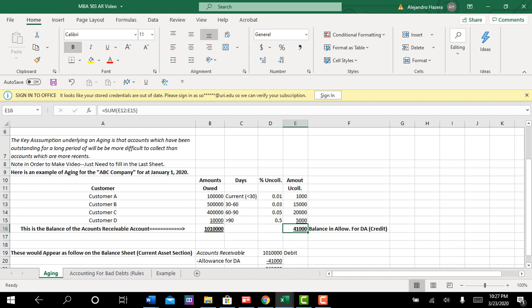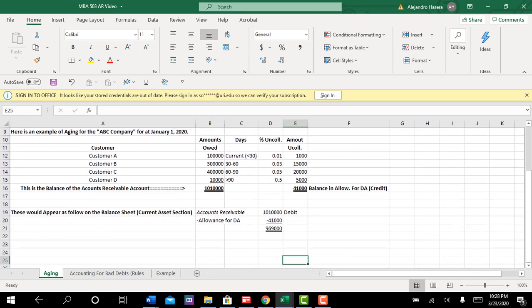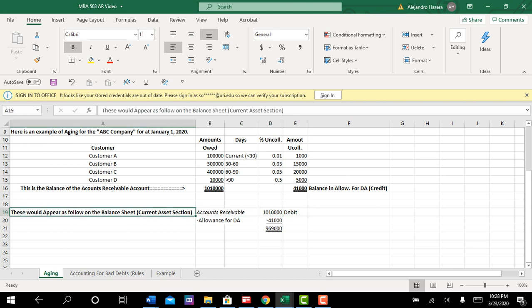Okay, and please keep in mind, you should know that the accounts receivable account has a debit balance, and so here's what it'll look like on the balance sheet. Go down a little bit. This is how these two accounts would appear on the balance sheet, and we've seen some of this in some of the financial statements you've looked at, they always call it net accounts receivable.